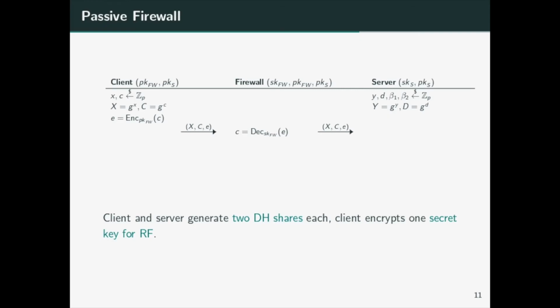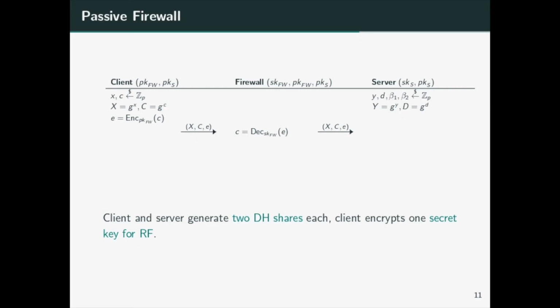As we can see on the left-hand side, the client doesn't just generate random elements, the client will also have to encrypt one of the secret keys to send to the firewall. This secret key is encrypted with the firewall's public key, and that's done in order for the firewall to be able to compute KCFS in the end.